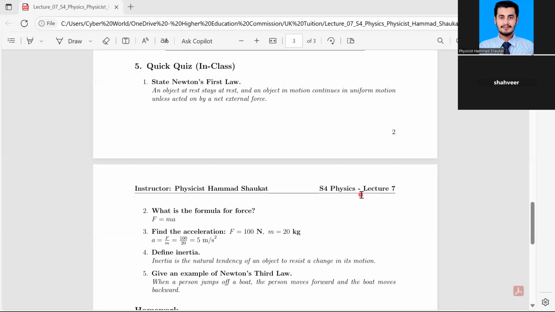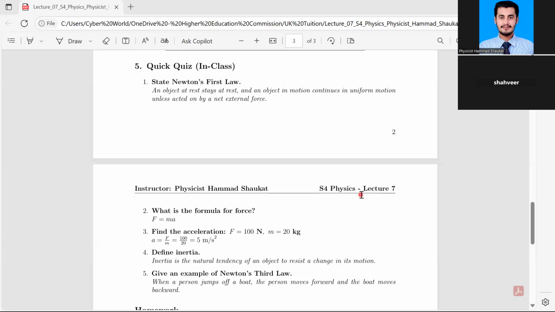Yes, this is also a good example. One more. I don't know, but I just know that if there's more force going in the other direction than the opposite direction, the object will just accelerate more.